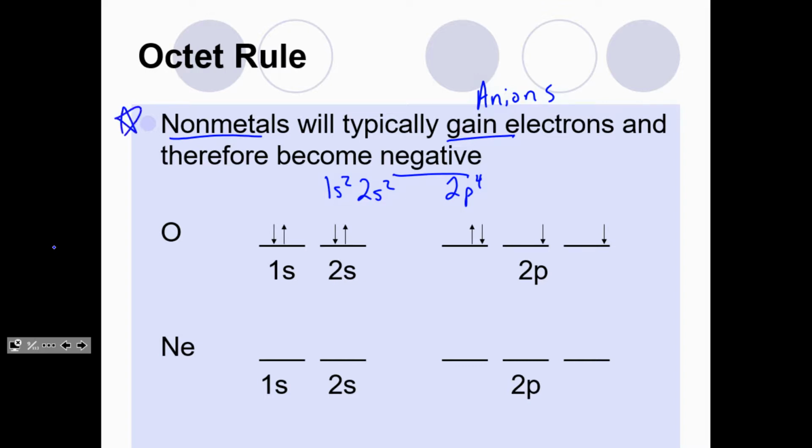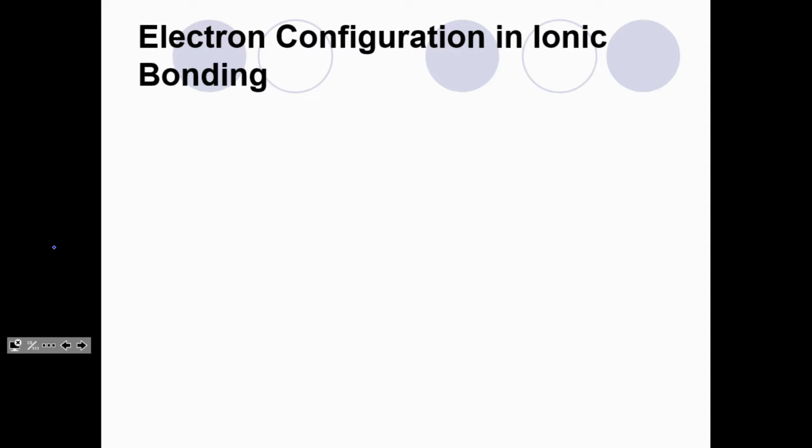Well, we already said that nonmetals gain electrons, so it would have to gain a couple in order to get to a filled outer shell. So if we added 1, 2, we'll see that oxygen becomes 2 minus, negatively charged. That is how it becomes like neon.